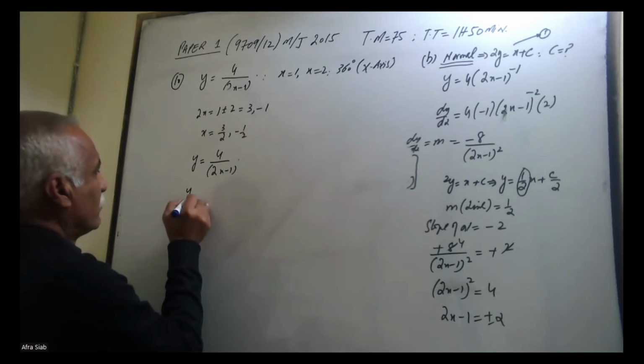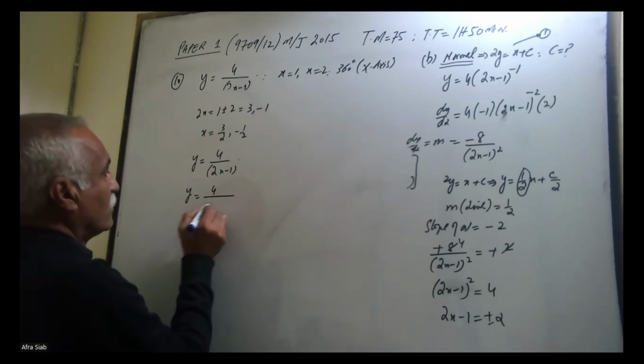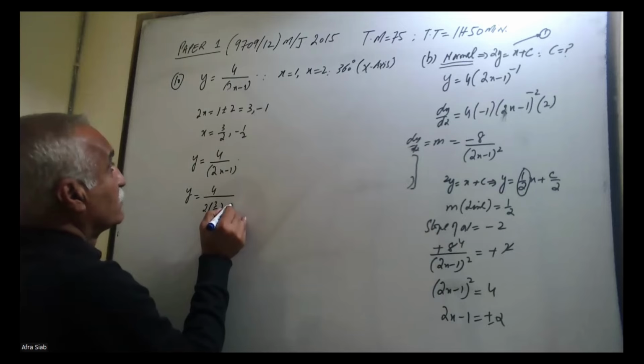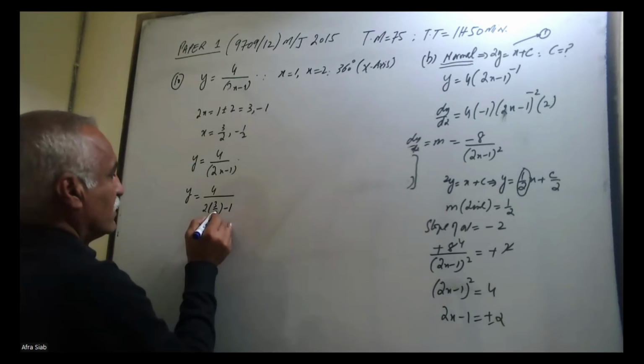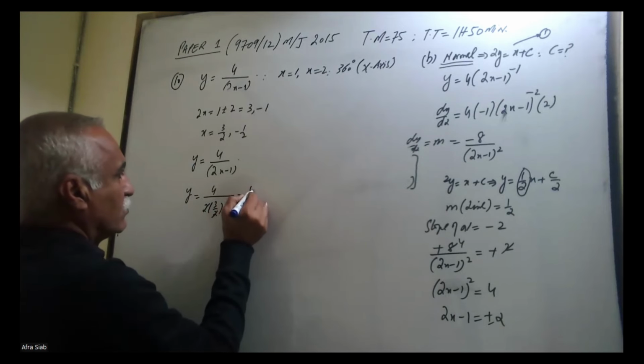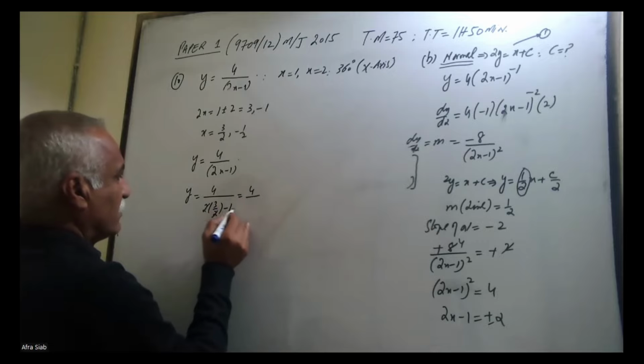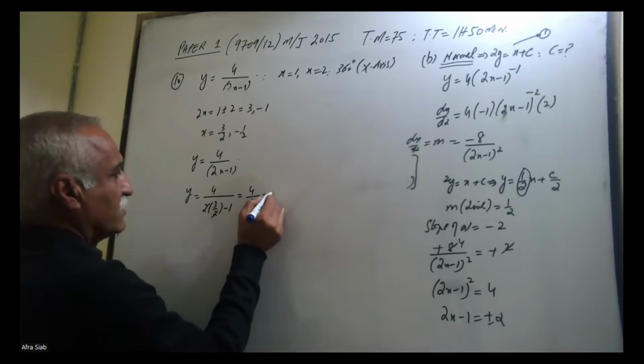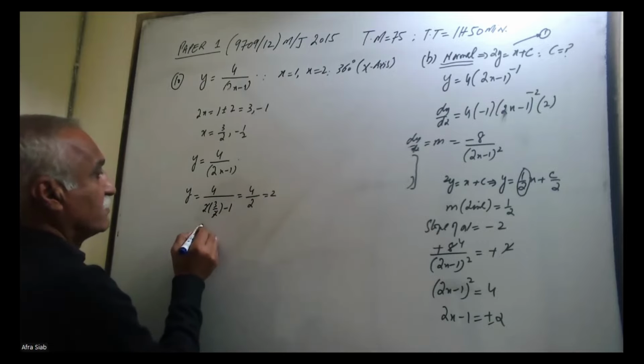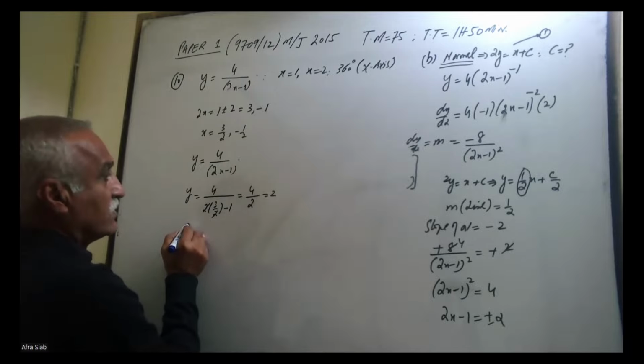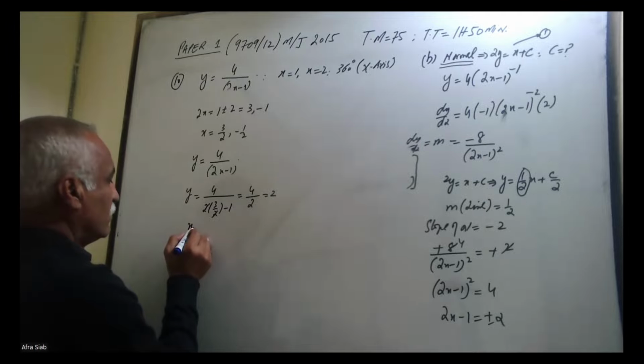So we put y equal to 4 over 2 into 3 over 2 minus 1. That is equal to 4 over 3 minus 1, which is 2. So the point there is y is 2 and x is 3 by 2.